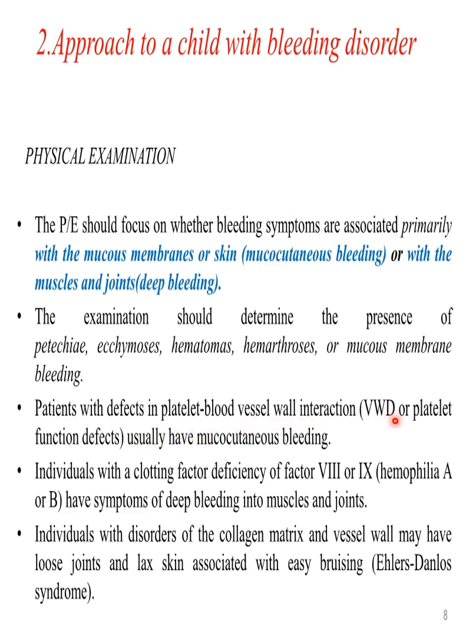Patients with von Willebrand disease or platelet function defects predominantly tend to have mucocutaneous bleeds, whereas clotting factor defects like factor 8, factor 9 and factor 11 tend to bleed into the muscles and joints. The physical finding of lax joints and skin elasticity with skin bleeds may be a pointer towards a vascular pathology.